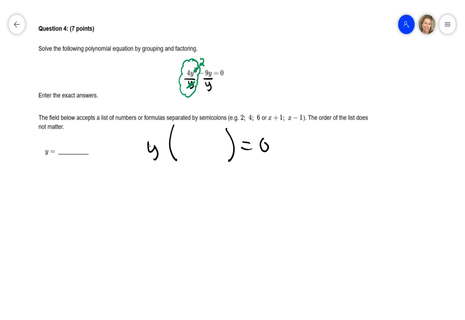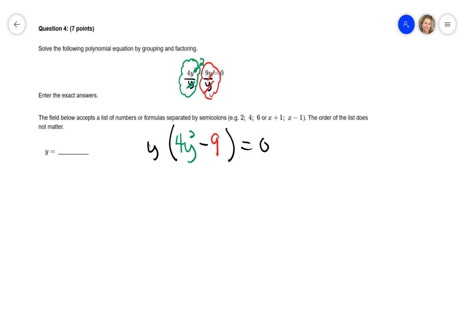Then on this one, the y's just cancel out, so you're left with a 9.